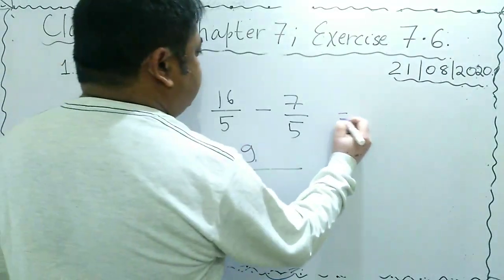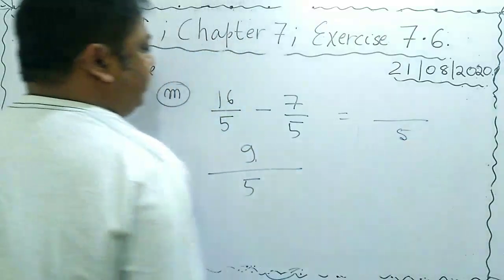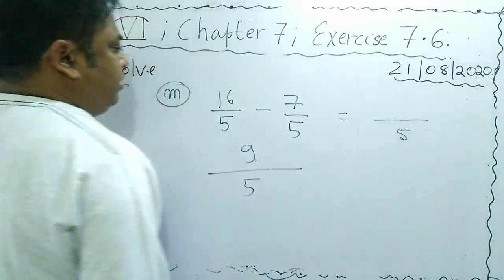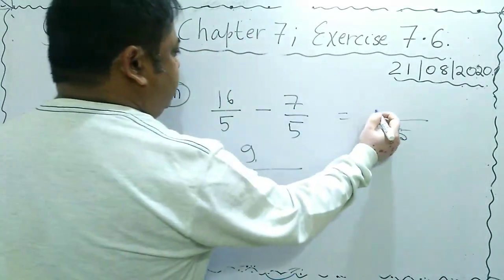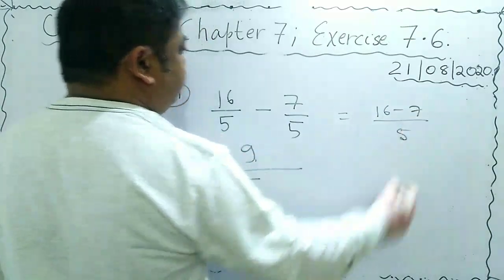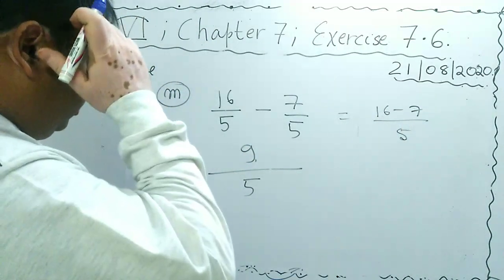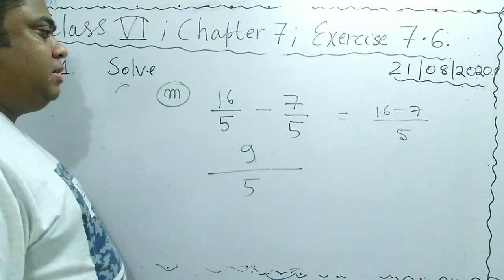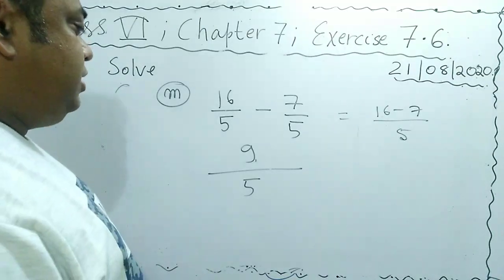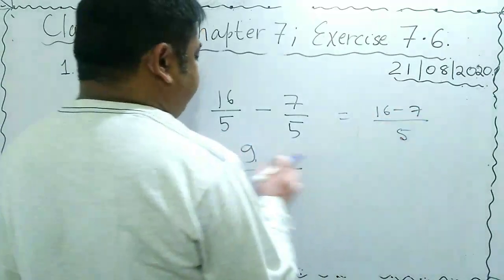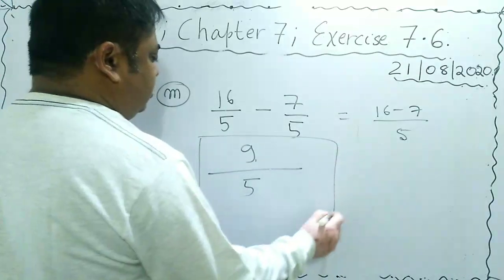Means you can break this into steps also. 5 will be common factor, means common denominator, and 16 minus 7. This will be equal to 9. 9 plus 7 is equal to 16. So 16 minus 7 is equal to 9, which will be the answer.